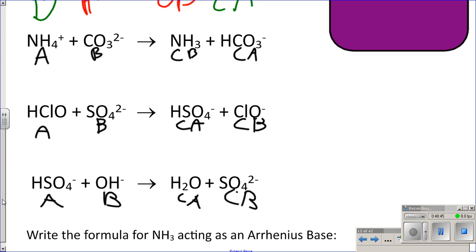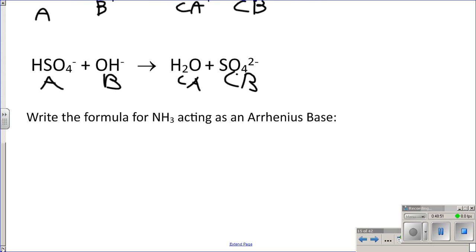Last thing I want to do together, and then we'll take our break. Write the formula for ammonia acting as an Arrhenius base. So if I say that, what is Arrhenius saying to you? In water, okay, in aqueous solution. So how is this reaction happening?